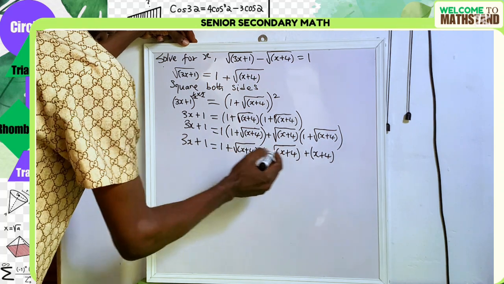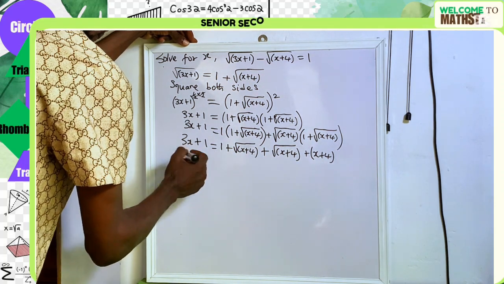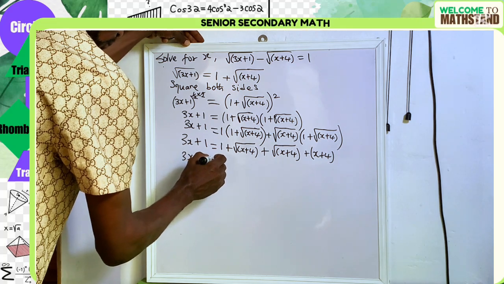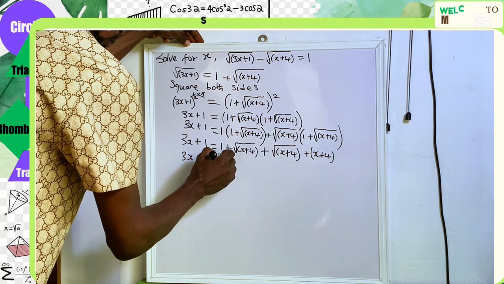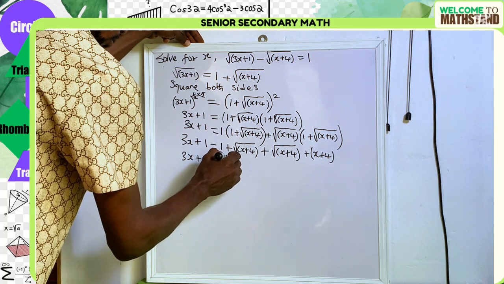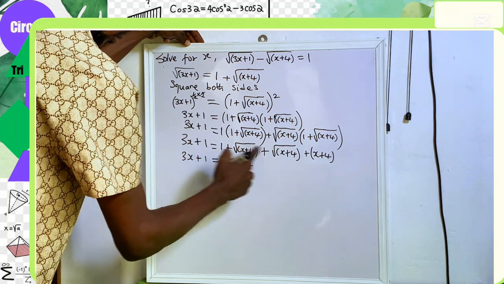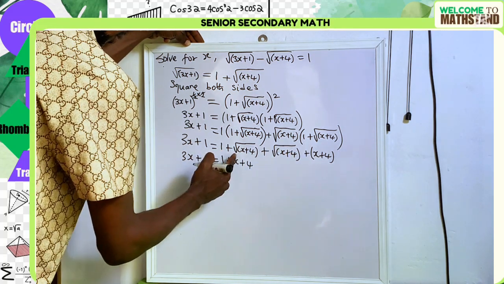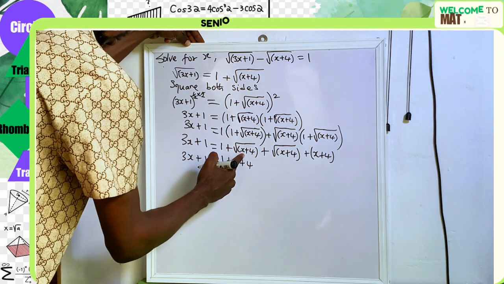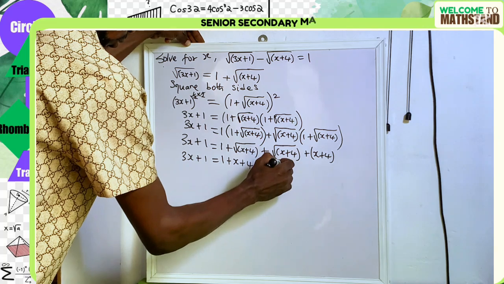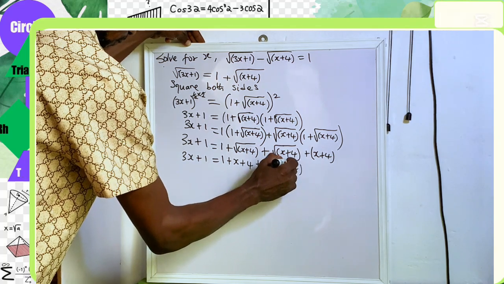Okay, we continue. We have to collect all the rational terms to one side. We have 3x plus 1 equal to 1 plus x plus 4. That's 1 plus x plus 4. Now we have here square root of x plus 4 plus square root of x plus 4. That will be 2 square root of x plus 4.